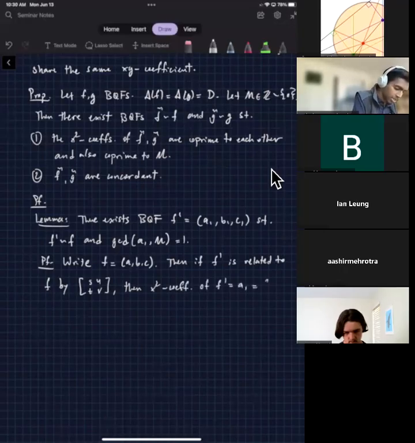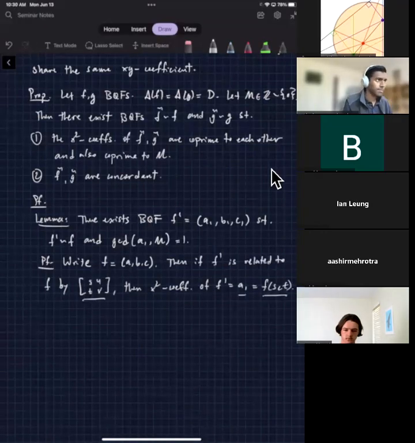And you can check that that's just F of S comma T. Okay. So if F prime is related to F by the matrix S, U, T, V, then the leading coefficient A1 of F prime is just F of S comma T.